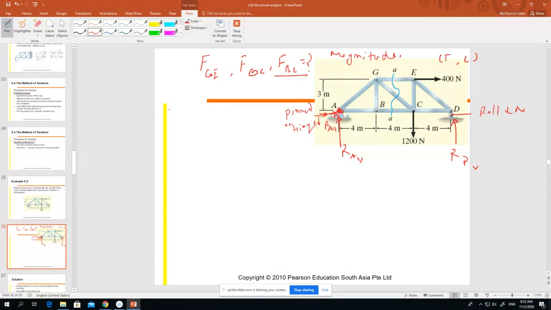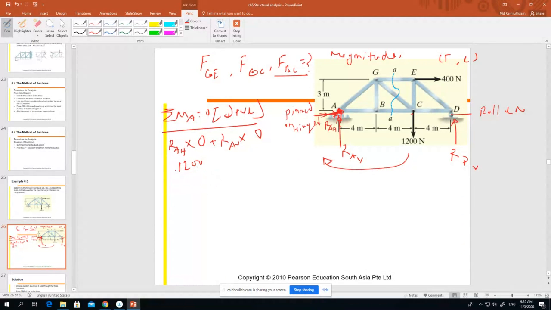So we take moment at A. Last class we studied it, maybe we couldn't finish it. Moment at A: RAH into 0, since the force passes through A, plus RAV into 0, the distance is also 0. Then we have 1200, rotating clockwise about A, so minus 1200 into distance 8.